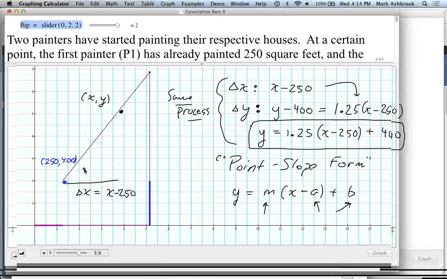And delta y would be y minus 400, because we don't know y. We just know that x will be 0. Well, it'd be 400 minus y, because y is to the left, so we want 400 minus that quantity. No, it's still y minus 400.